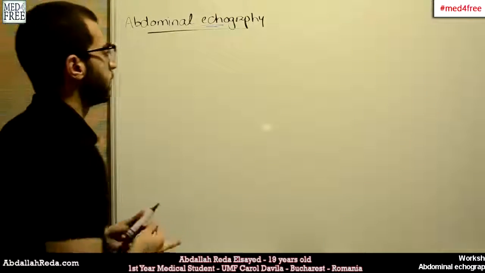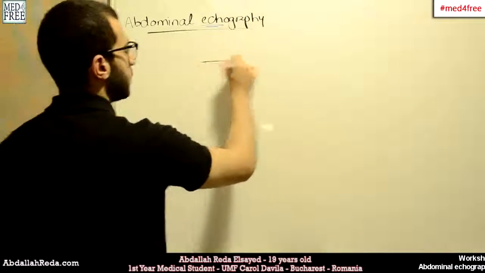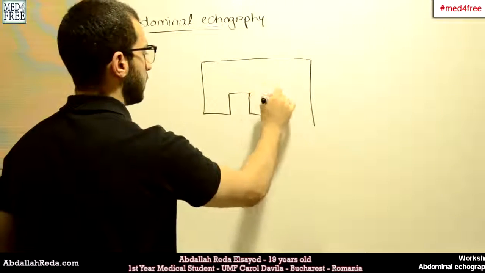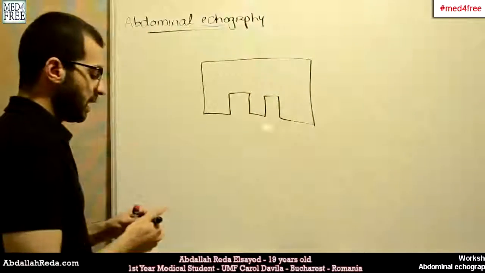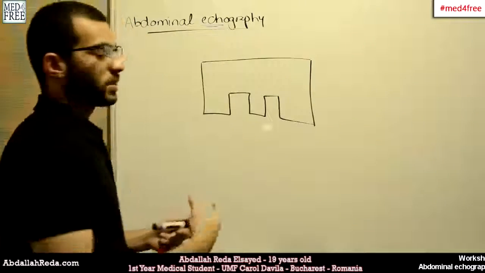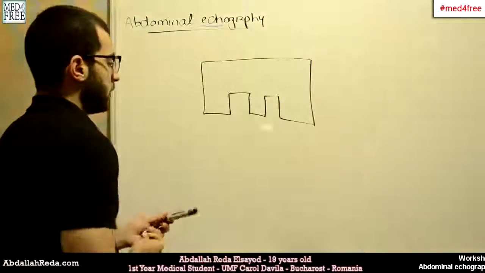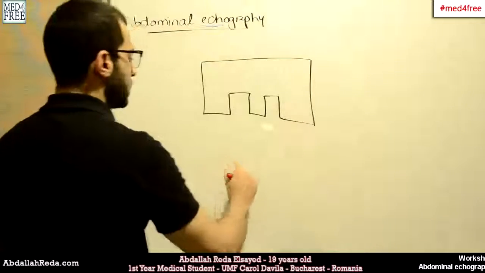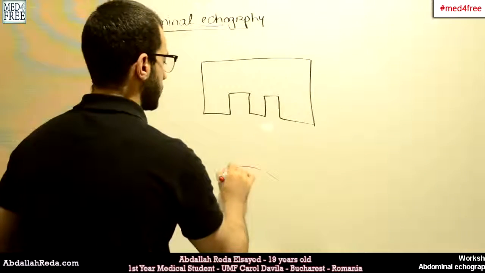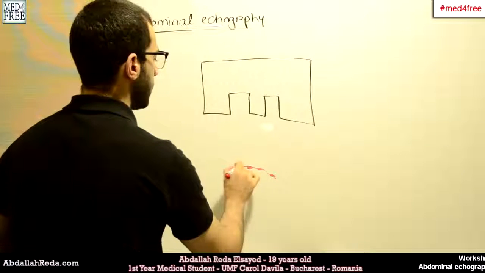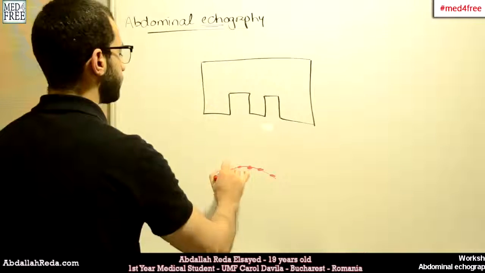A final thing that we have to mention about the sonogram: if we have an object like this, for example, and we apply sonogram to this shape, we mentioned that we have transducers, and each one of them will begin to emit the ultrasounds.